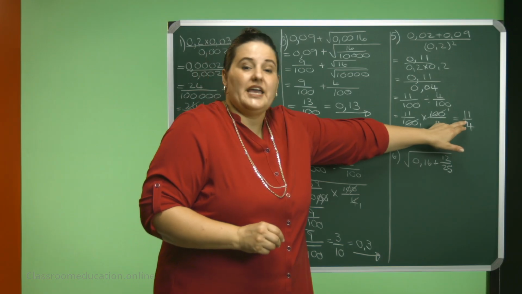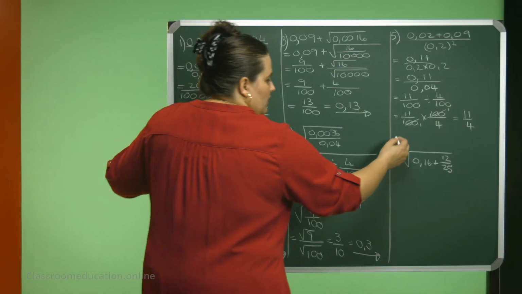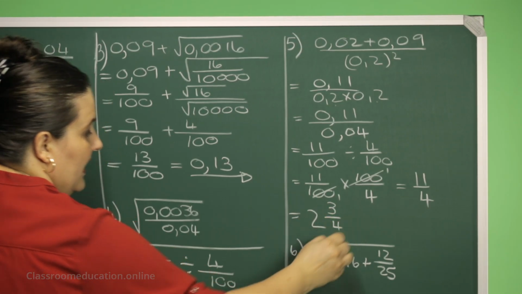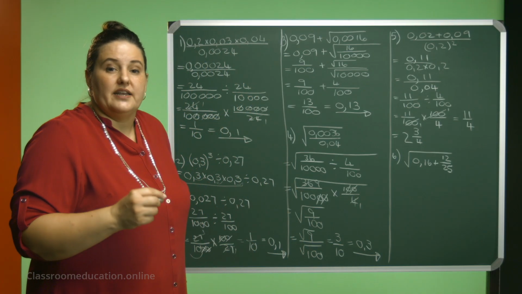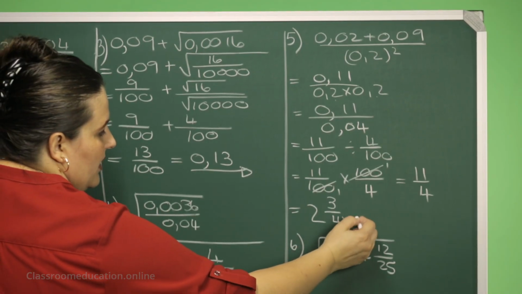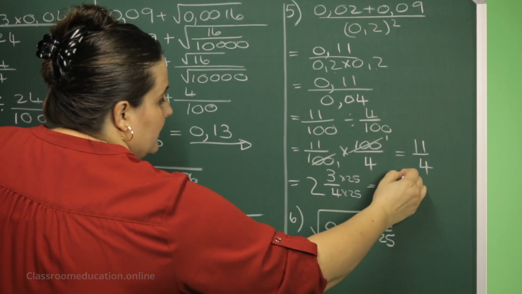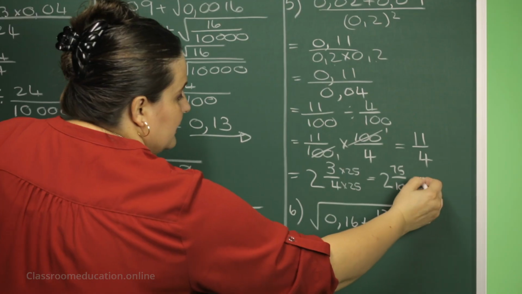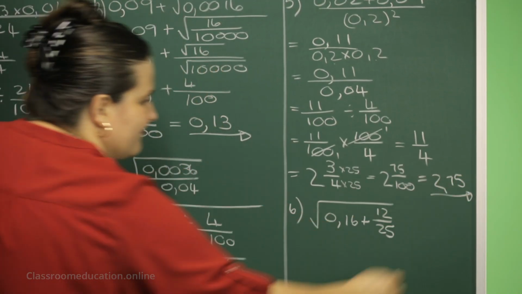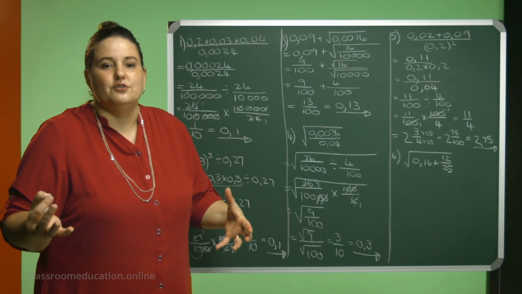Maybe first change it from an improper fraction to a mixed number. So that will be 2 3/4. And the 3/4 you can now change to a decimal number. So maybe to do that, multiply by 25 top and bottom. So I will have 2 75 hundredths, and that will be 2.75.